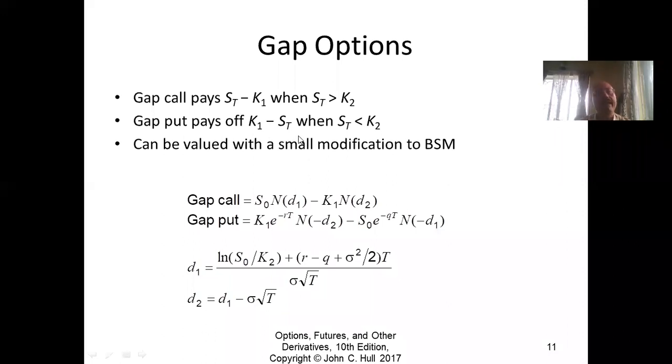So basically there is a gap between the payoff cutoff and the strike price. K1 is with respect to the price around which the valuation is done. So for valuation we are using K1, but for the strike condition we are using K2. So these are called gap options.